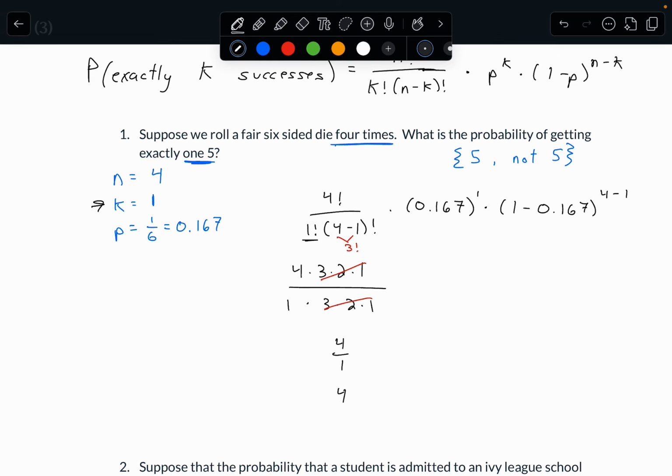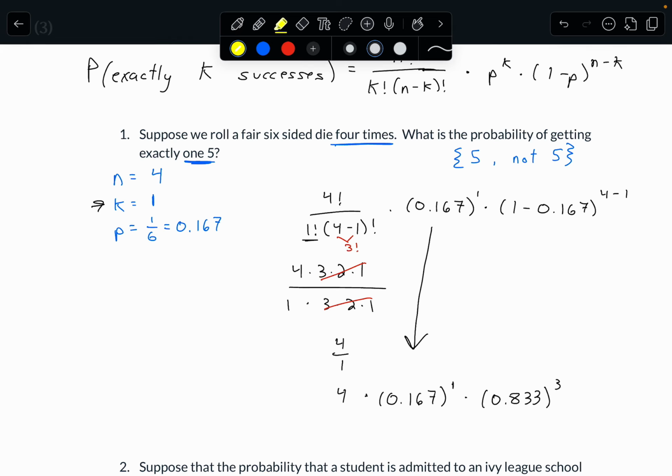Once I have that, I'm just going to bring down the rest of this. I'm not going to bother writing it every single step. The first part times 0.167 to the first power. You don't need to necessarily write that 1 there, since it's just going to end up being 0.167, but we'll go ahead and leave it. Times 1 minus 0.167. Here we will want to go ahead and calculate that out. I have 0.833 to the 4 minus 1, that's to the third power.